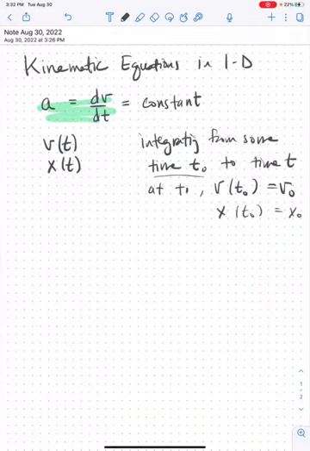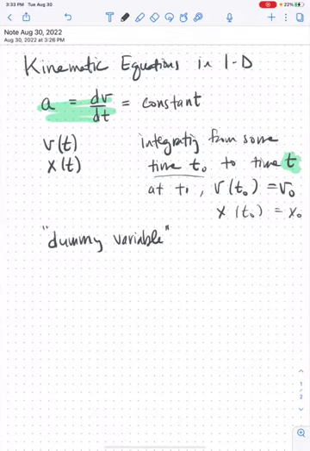And that means that we're going to want our equation in the end to be in terms of t. And so if we just integrate our original equation, a equals dv dt, and we want to get something in terms of t, that's going to make things kind of confusing. And so we're going to introduce what we're going to call a dummy variable. And we're going to name our dummy variable t prime.